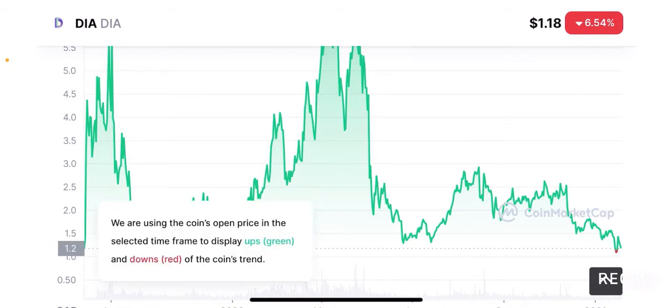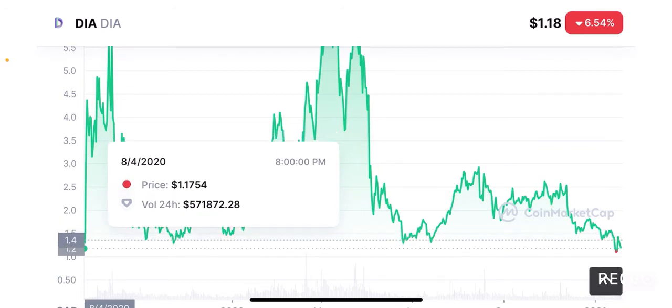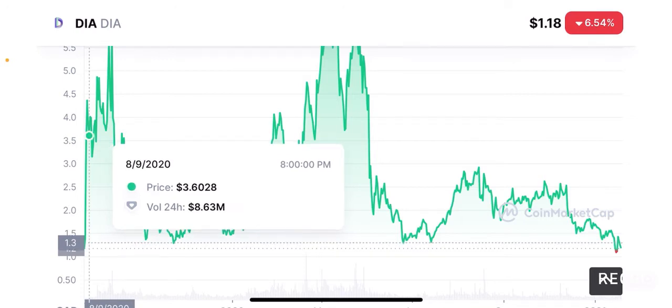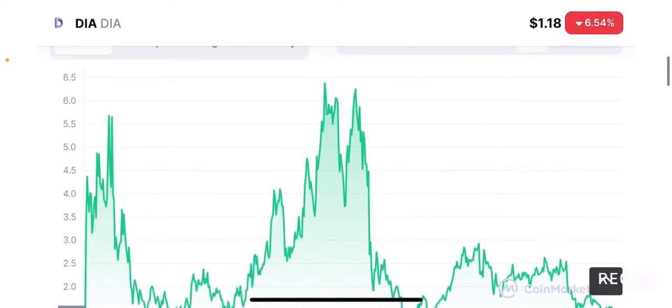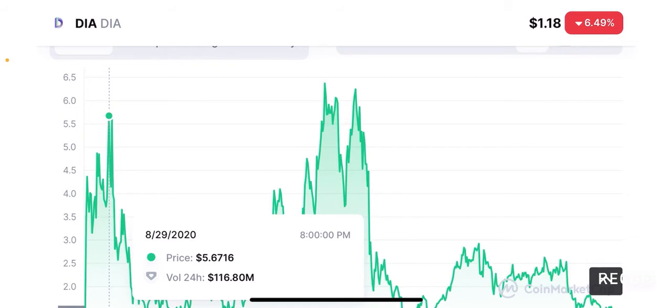So if you see, initially the token price was worth $1.17 as of April 2020, and this token literally shot up, reaching $4.5, and then it went even higher than that, reaching an all-time high at that time of close to $5.67 as of the 29th of August.